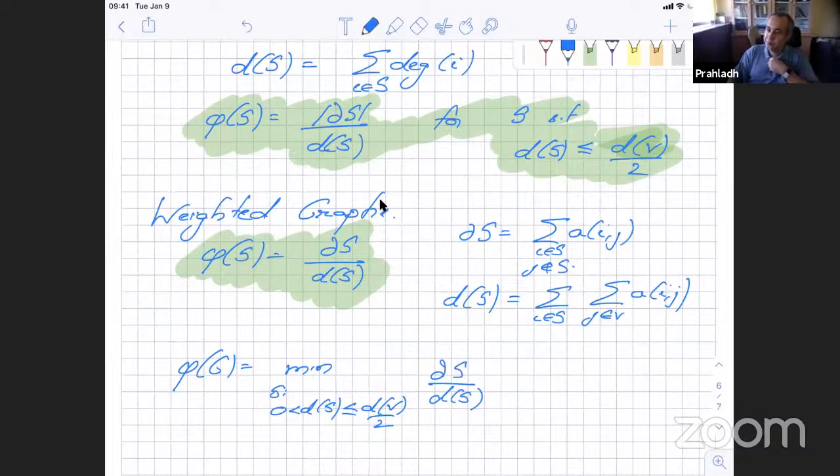People with me? Notice that this definition can be extended to a random walk matrix also, to reversible random walks. We'll just take the edge weights coming from the underlying graph and then define the same quantity.